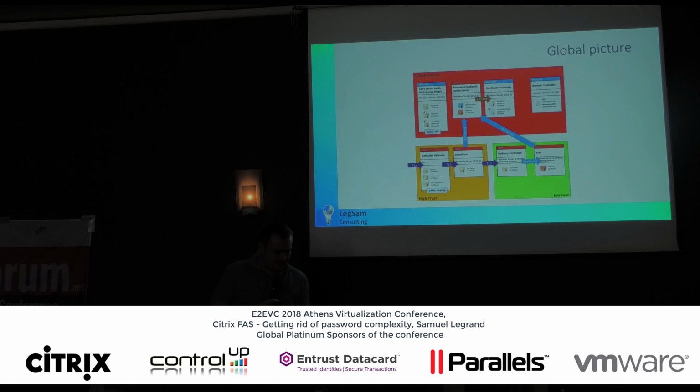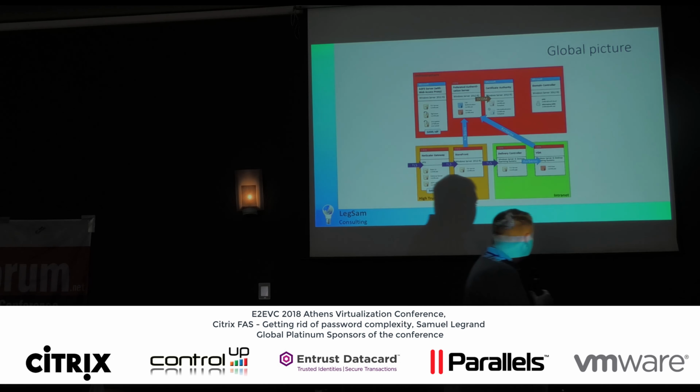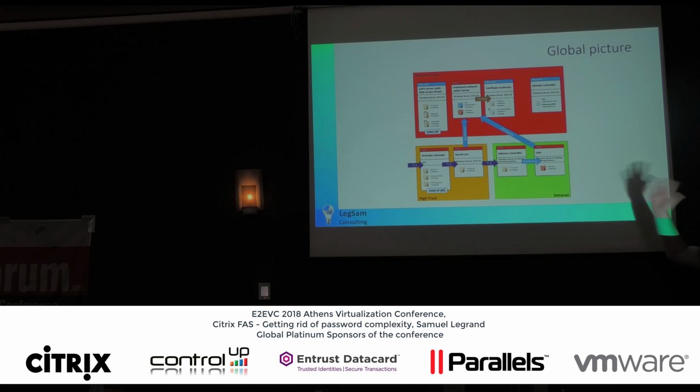A global picture of what's behind Citrix FAS. Basically it's one single server, and you can do load balancing of FAS servers. This is the only documentation we can find on the Citrix website about the infrastructure. Basically, you are using a Citrix server called FAS.